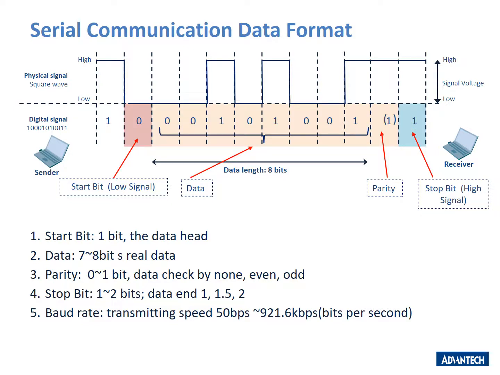Later we have the data itself, that is the main message, usually from 7 to 8 bits. This will depend on the transmission standard between devices. Parity is used to check if the data has been successfully sent and received, and for error checking. And at the end of the packet is the stop bit, which informs the receiver that the packet has been completed. The baud rate in serial communication is used to describe the speed of transmission, how many kilobits will be transferred in 1 second.